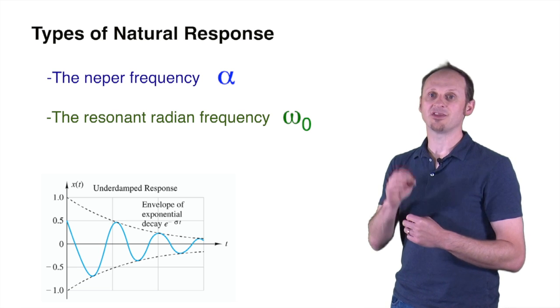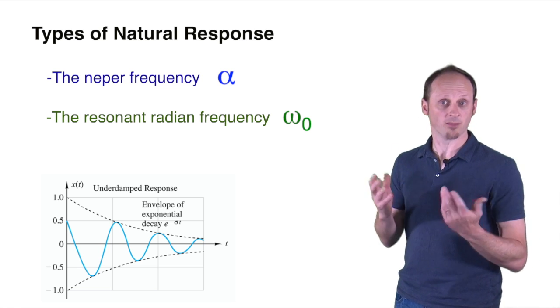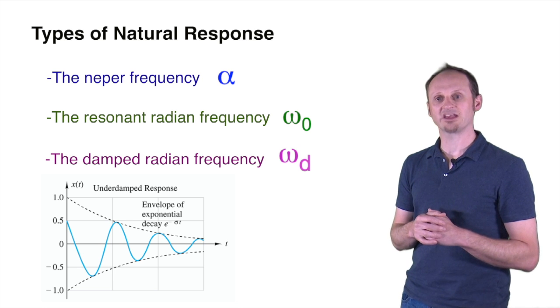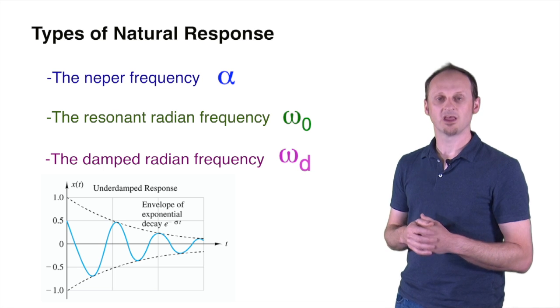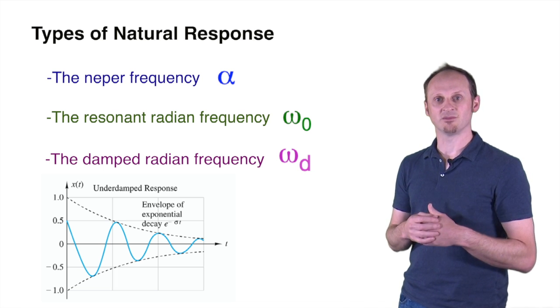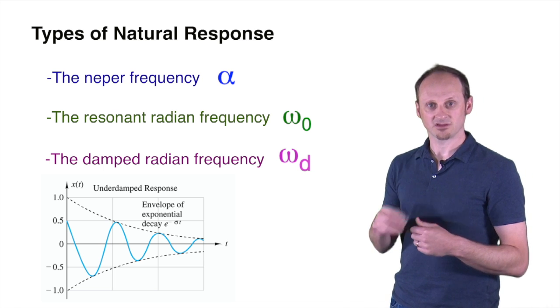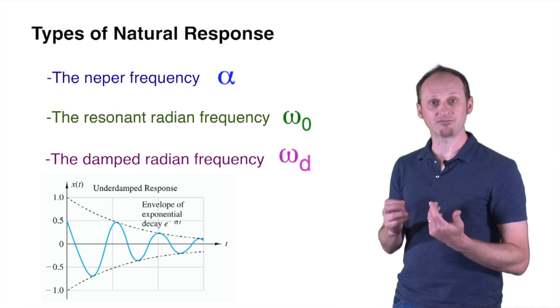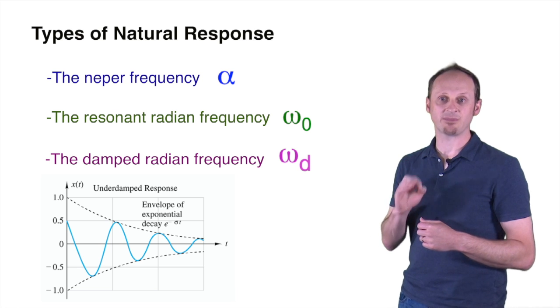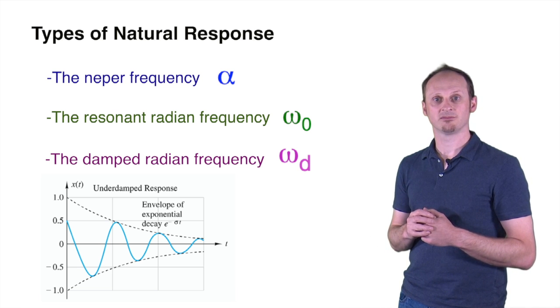And lastly, the damped radian frequency, or omega d, determines the oscillation frequency for the underdamped case. So we can imagine this system oscillating down eventually to its final value at a decaying rate that's governed by this Neper frequency alpha.